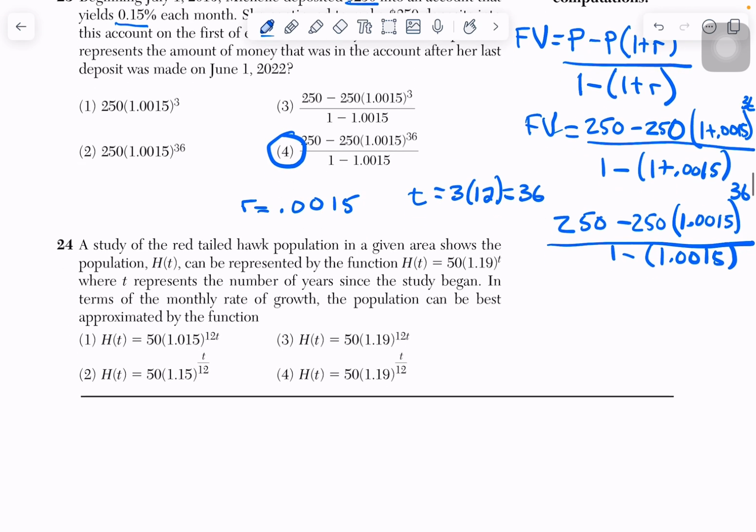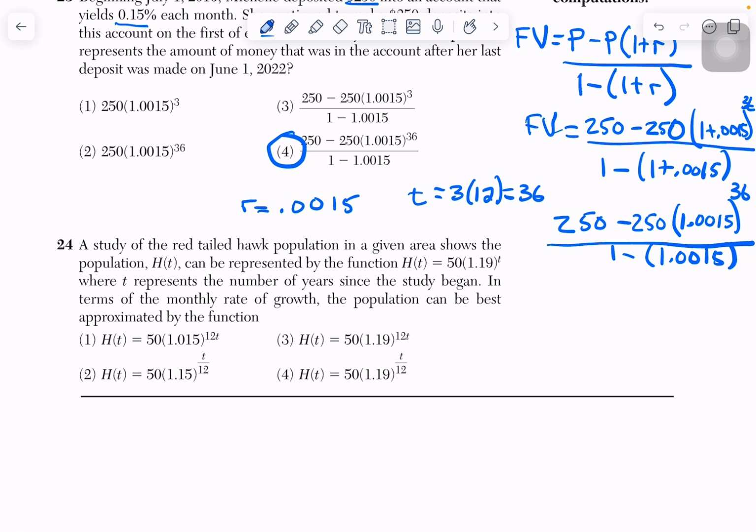All right, and the last one on the multiple choice. A study of red-tailed hawk populations in an area shows the population can be represented by the function h of t is 50 times 1.19 to the t, where t represents the number of years since the study began.